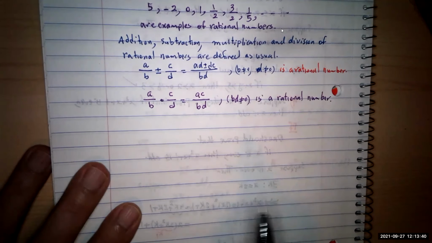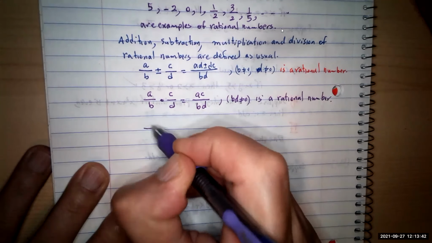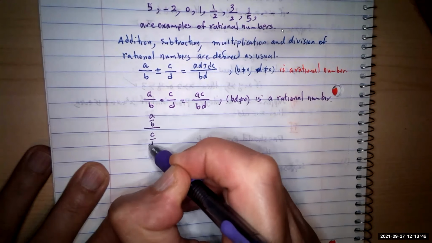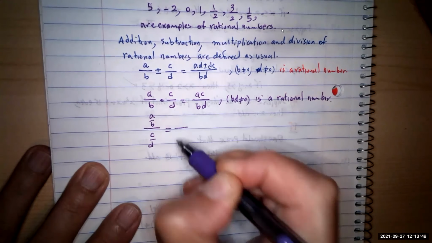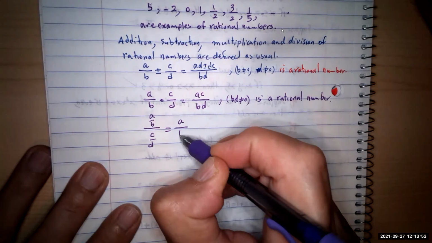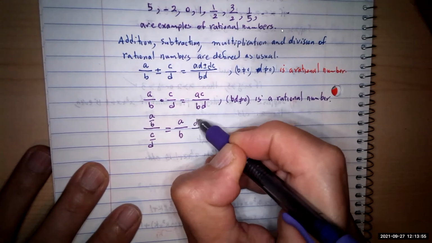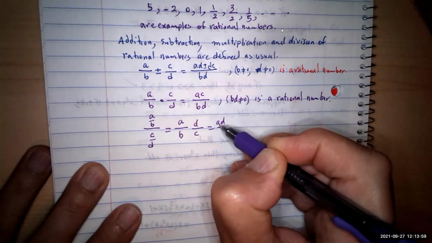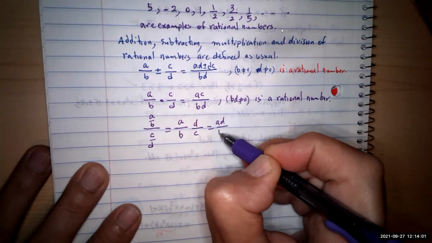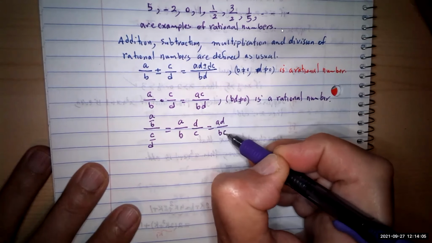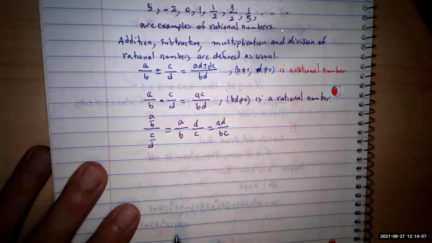Any question? You know the division is a kind of multiplication. A over B divided by C over D: we write the first one multiplied by the reciprocal, D over C. So the top again would be AD and the bottom BC.